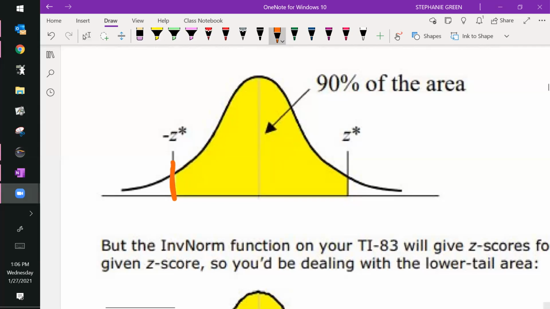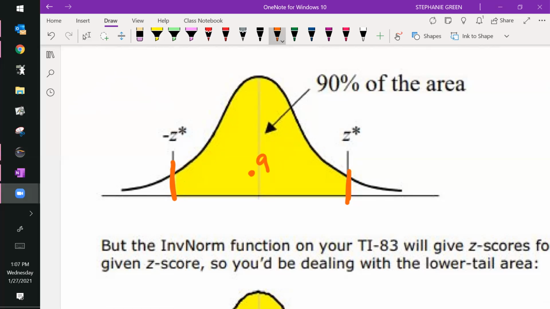The area between these two curves is 90%, or 0.9. But in our table, it only gives us the area below a certain Z value. So if I plugged this Z value into my table, it would give me the area below it. Not between, not above, it's always below.